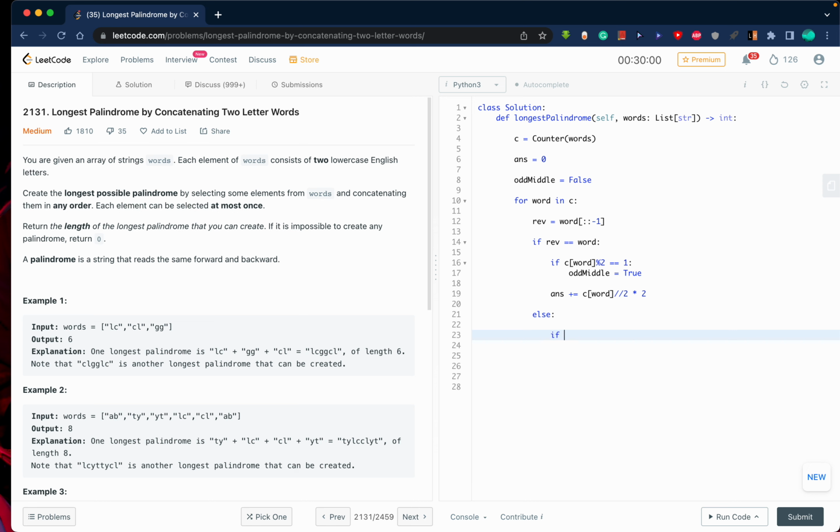So if reverse is in the counter, I can form the minimum of C of word and C of reverse pairs, right?